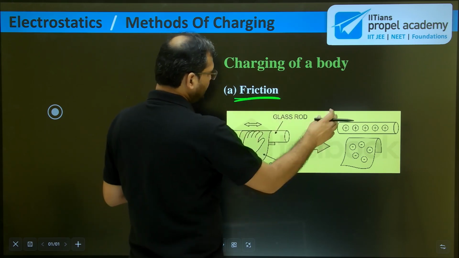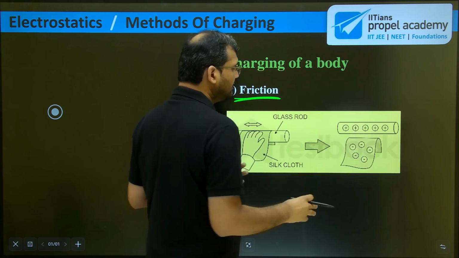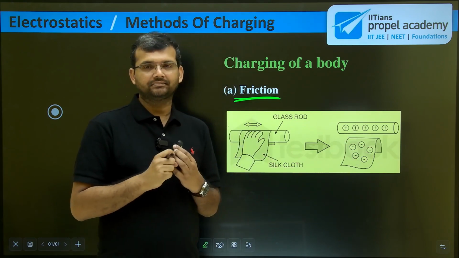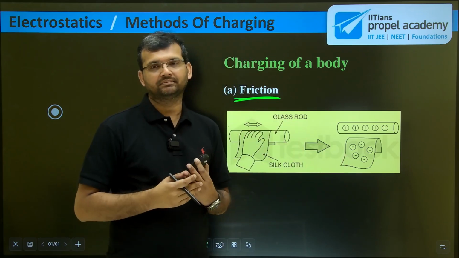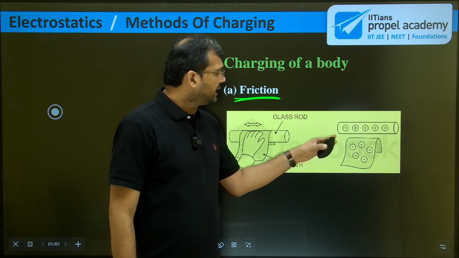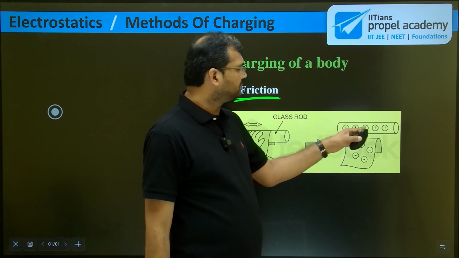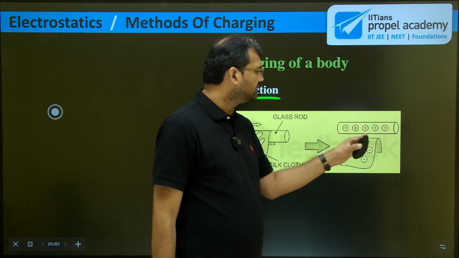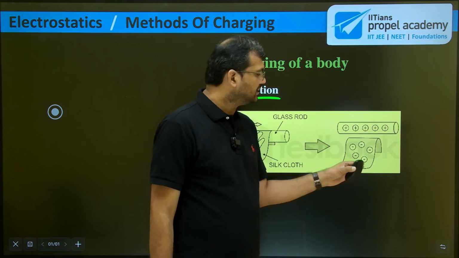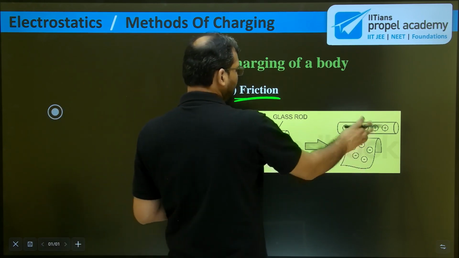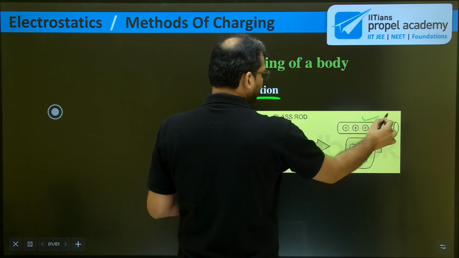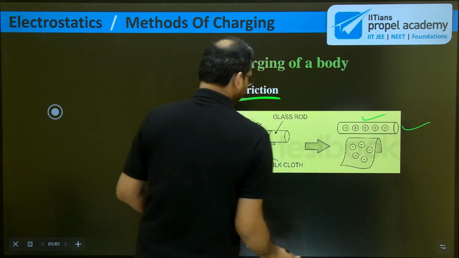Here the glass rod will lose electrons and the silk cloth will gain the electrons. So, by rubbing like this, one object becomes positively charged and the other object becomes negatively charged.